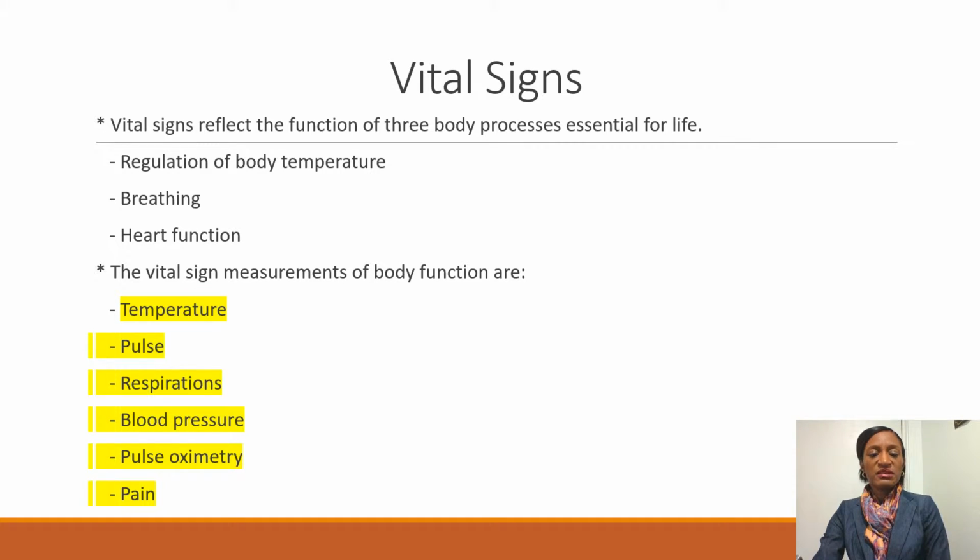Vital sign measurements of body functions are temperature, pulse, respirations, blood pressure, and some of you may not be too familiar, but there are two added measurements that most facilities are now using as part of assessing vital signs, and they include the pulse oximetry and pain.